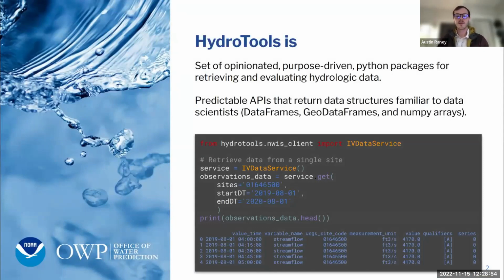We built HydroTools to be intentionally predictable and familiar. Just like a toolbox, we wanted the ability to grab the right tool for the job, but not have to relearn how to use the same tool over and over again. Our packages use and return data structures familiar to data scientists, and all share a canonical data format that enables tools to work together or separately.